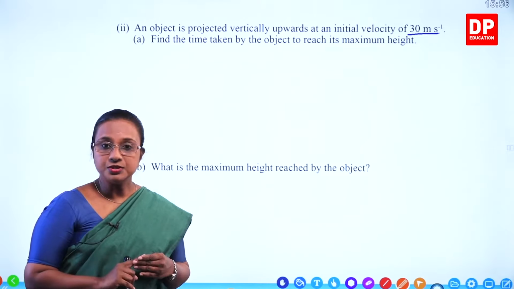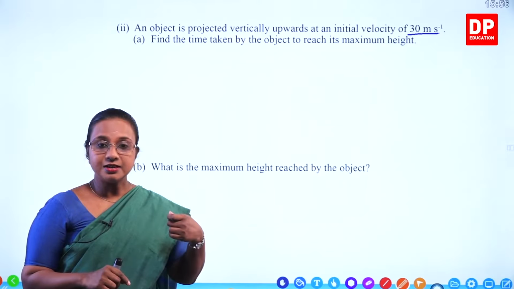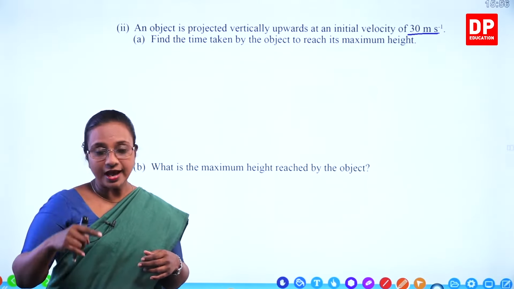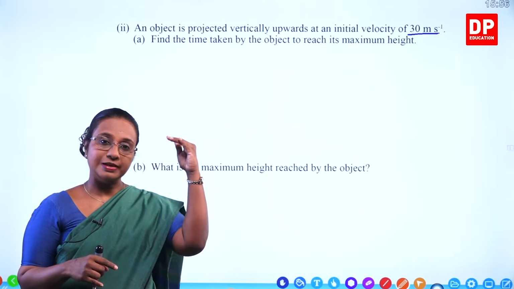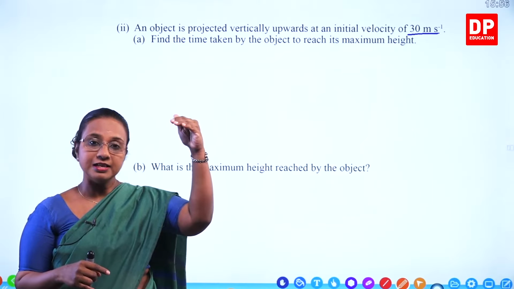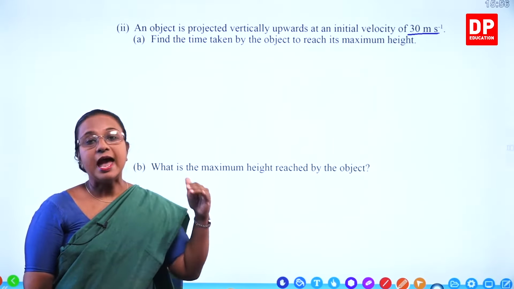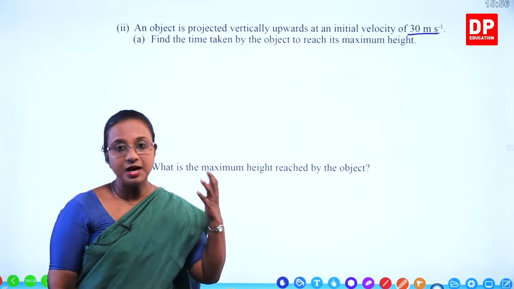As you know, students, when we throw something upwards, the gravitational acceleration is going to act downwards. So, little by little the velocity will decrease and finally the object will get a velocity 0. And at this point the object will be at its maximum height.